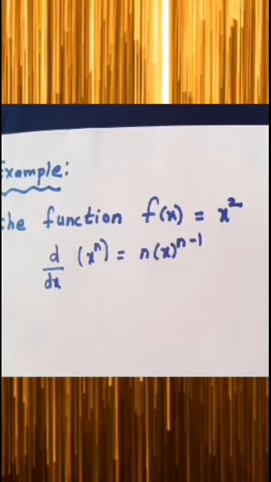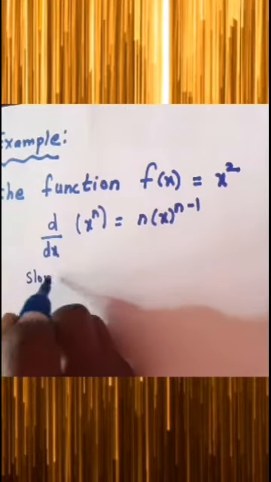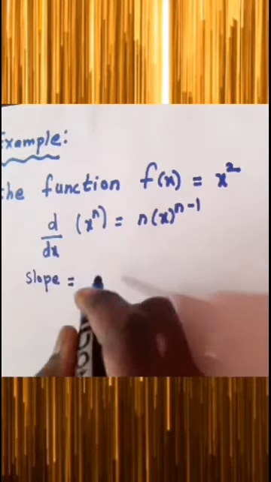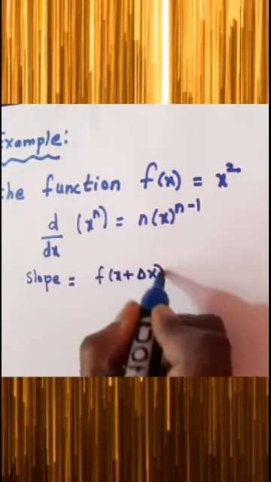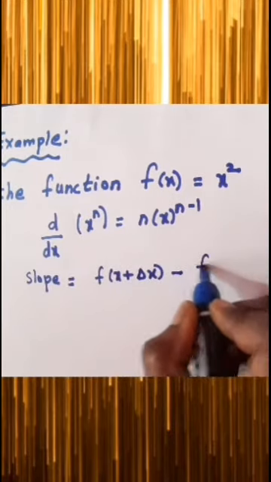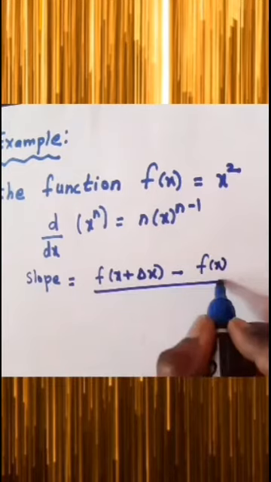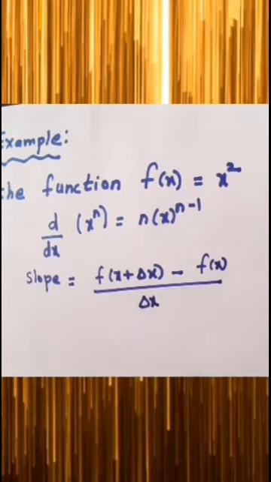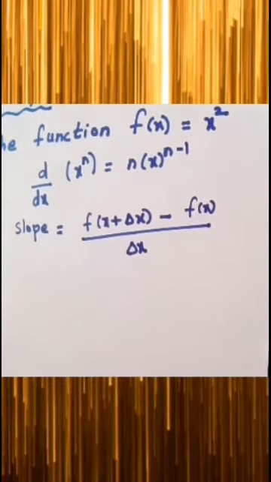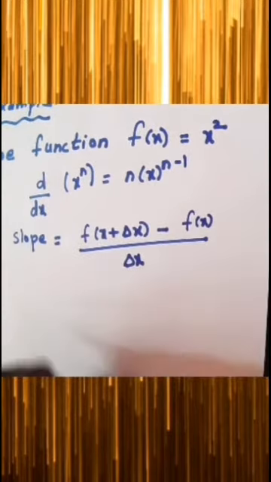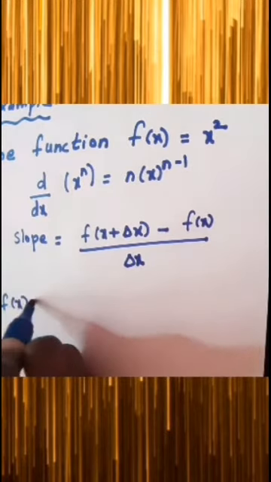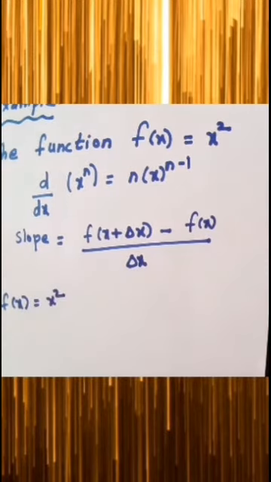We know the slope formula. Slope is equal to, what is the slope? We have f of x plus delta x minus f of x divided by delta x. Correct? What is the given function? Given function f of x is equal to x square.